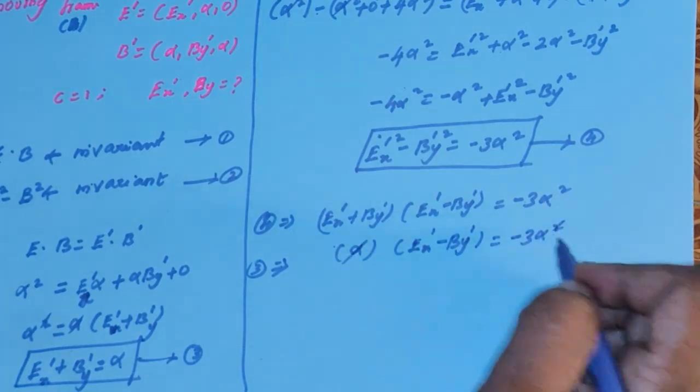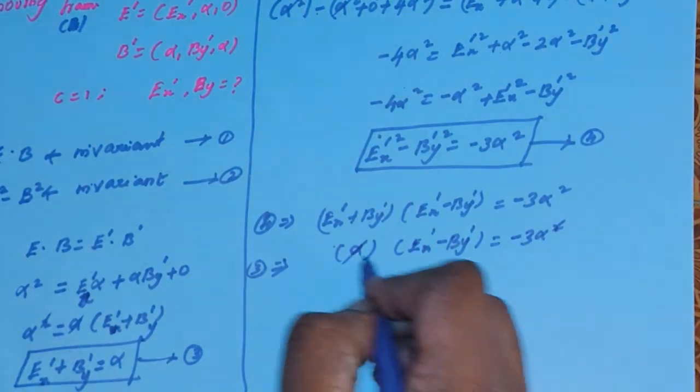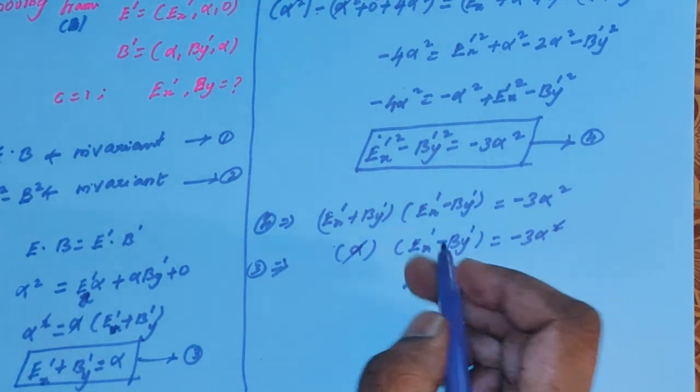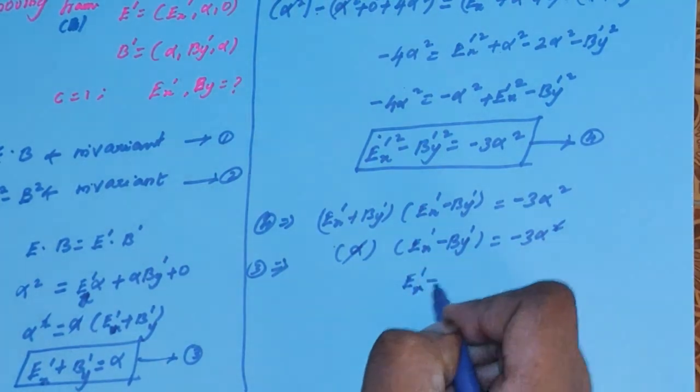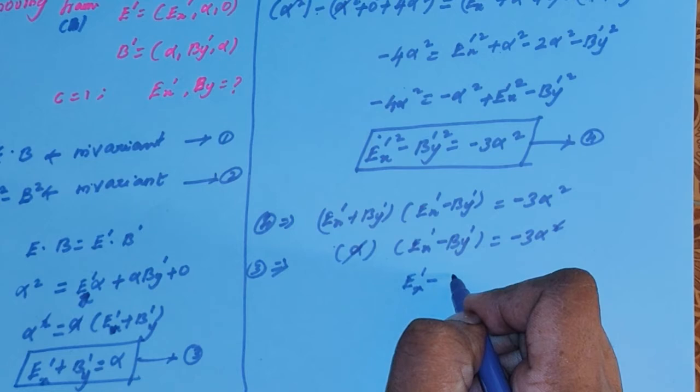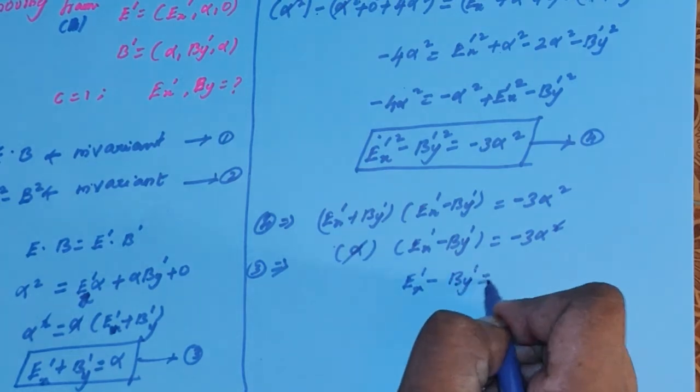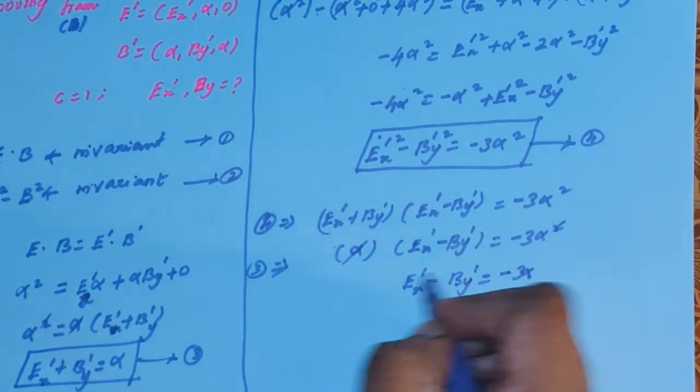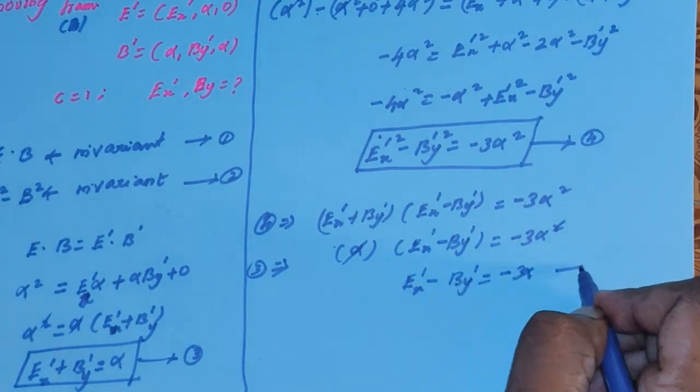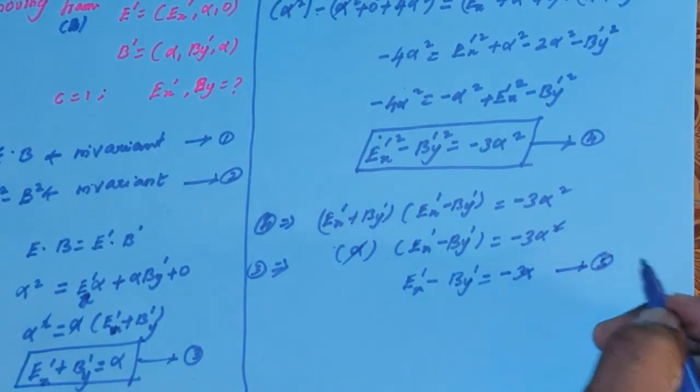So one alpha and one alpha, if you are cancelling, or pushing that side, it will be in the denominator and get cancelled. So Ex prime minus By prime would be equal to minus 3 alpha.